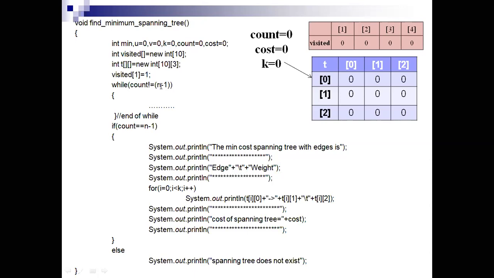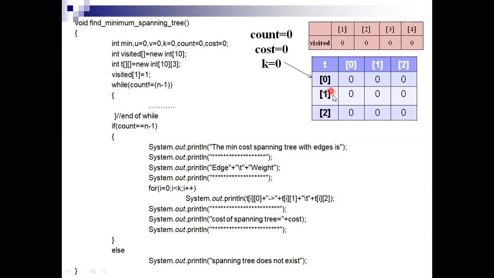What is this n now? N is the number of vertices. What is the number of edges that I have to select? 1 less than the vertices. So which variable holds the number of vertices? It is the n. So n minus 1. While count not equal to n minus 1, repeat some logic where I keep selecting the required edges.